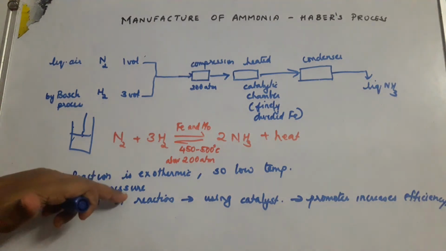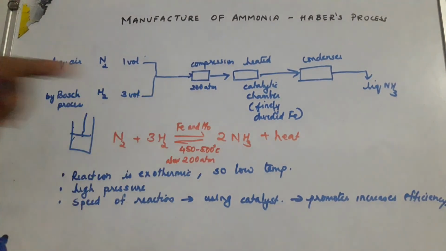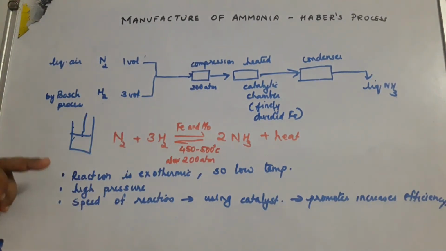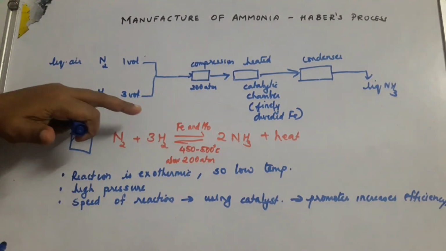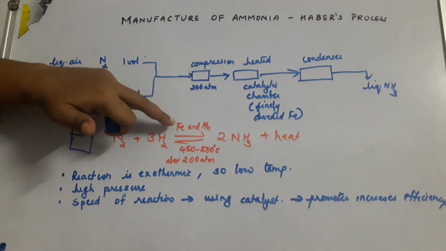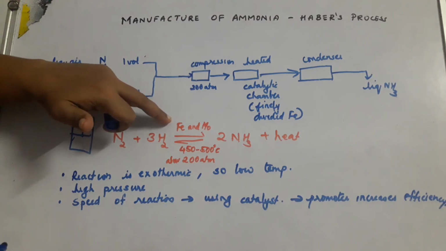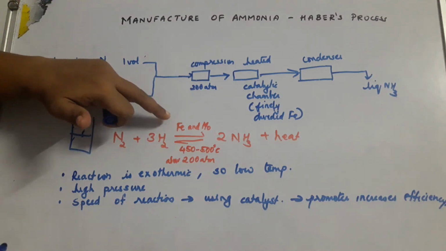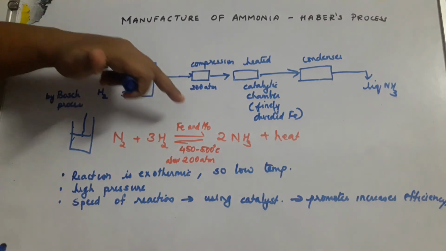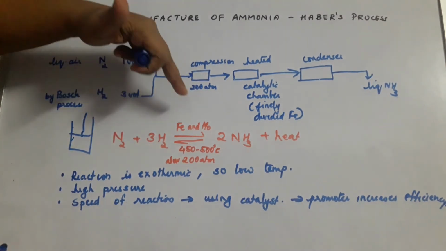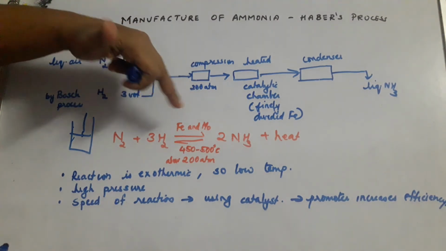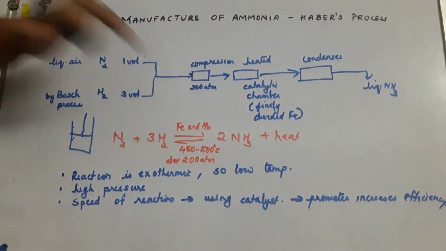So high pressure favors the formation of ammonia. Now the third factor which helps in the formation of ammonia is the catalyst and the promoter. To speed up the reaction, we have to use finely divided iron as the catalyst, and a promoter should be used, like molybdenum or aluminium oxide, which increases the efficiency of the catalyst.